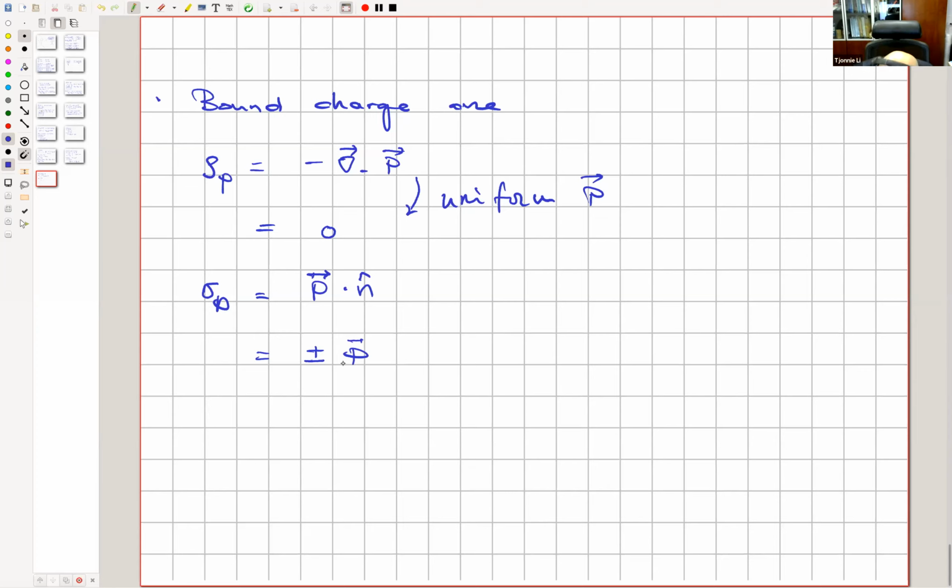Okay, so I should write this. Because I know E in this case is just in the direction of E naught. Okay? So depending on which surface you take, that is either the positive or the negative charges.